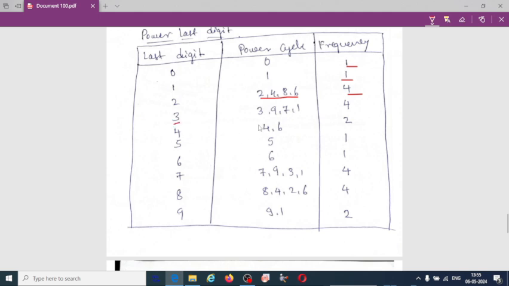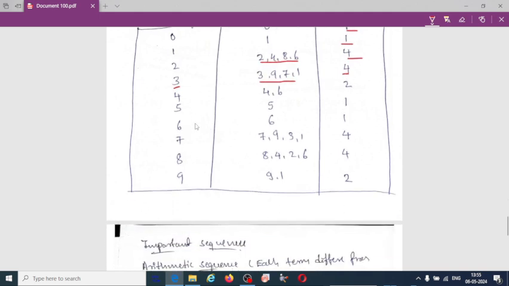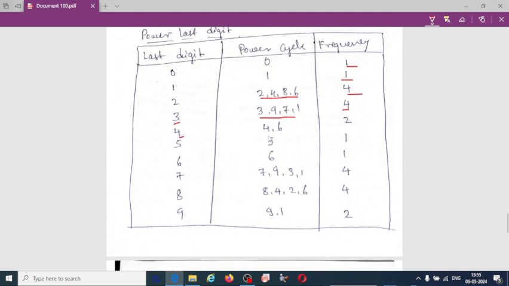So for a number ending with 3, you may come across again 4 numbers: 3, 9, 7, 1. So the frequency is 4 for 3. Last digit 4, you will come across 4 or 6, so frequency 2.